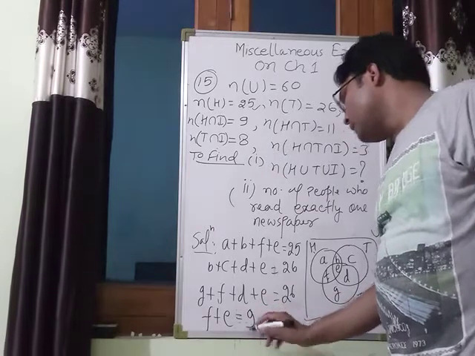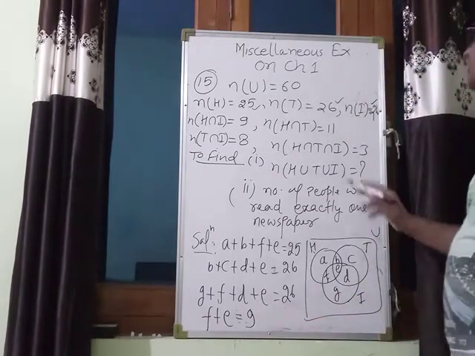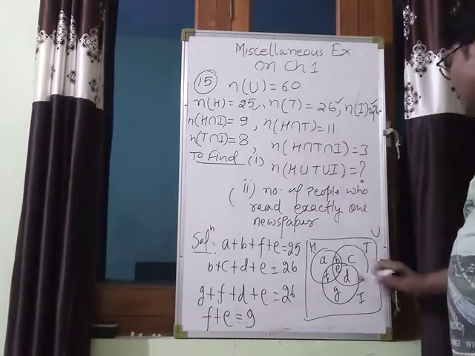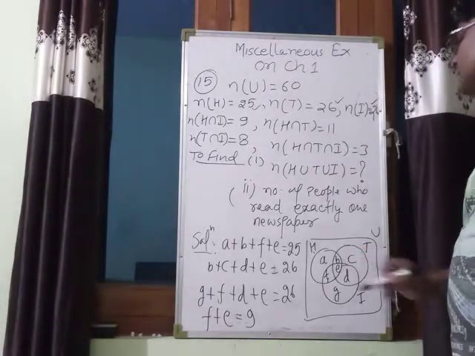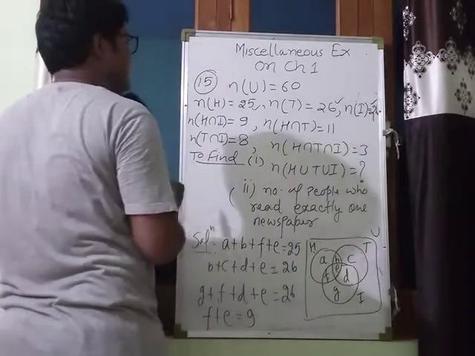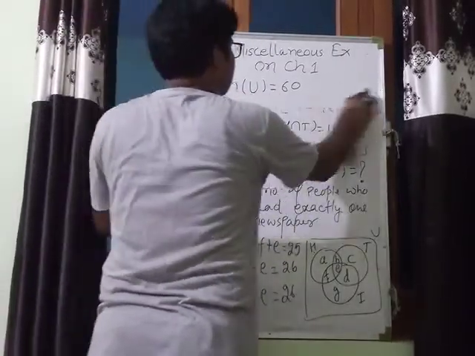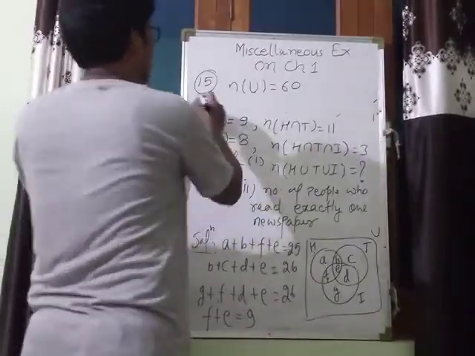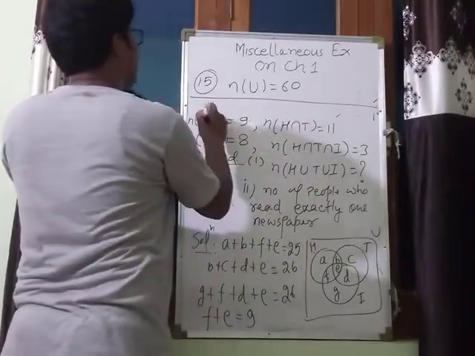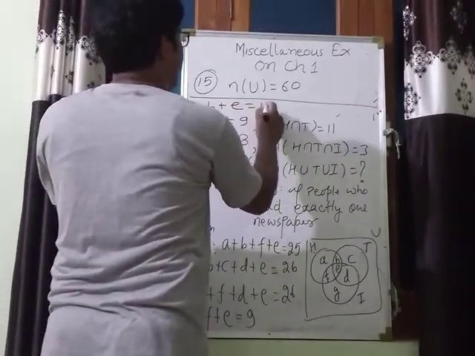And the number of people who read newspaper H and T, that is B plus E, that is 11.